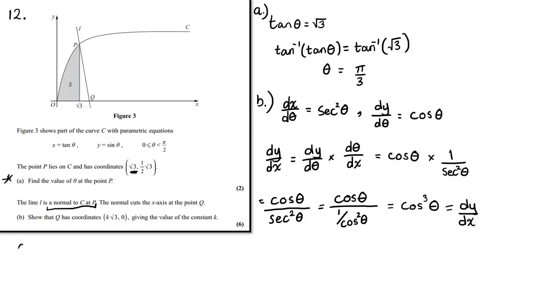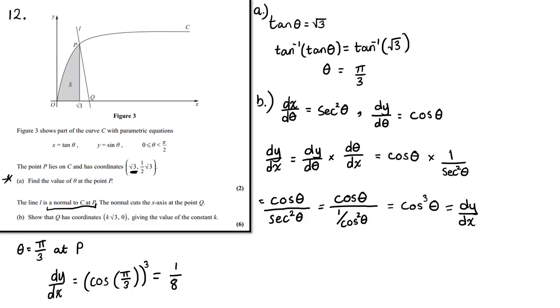So we know theta is equal to pi over 3 at the point P. Therefore, dy by dx is equal to cos of pi over 3, all cubed. So we know dy by dx is cos cubed theta, and if theta is pi over 3, then this is our result. All we need to do is put this into our calculator, and what I get here is 1 over 8. So we get 1 over 8 there for dy by dx.